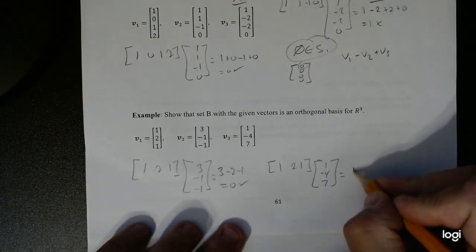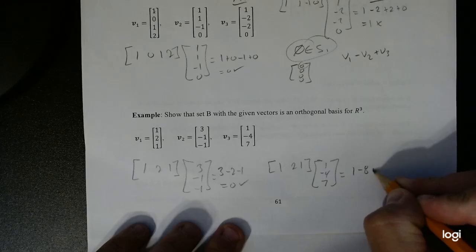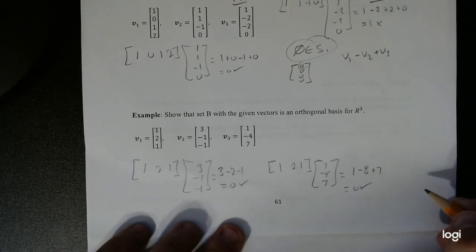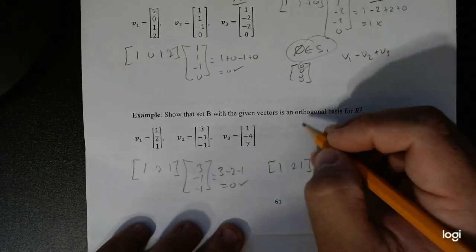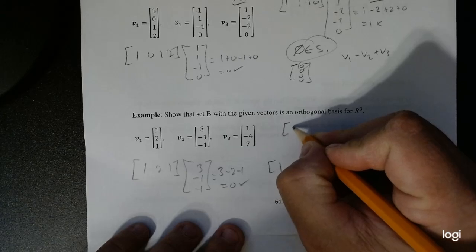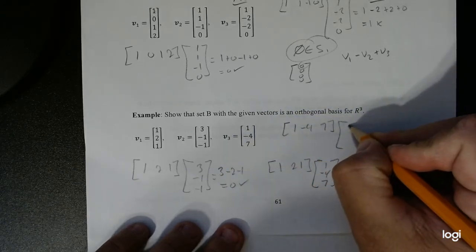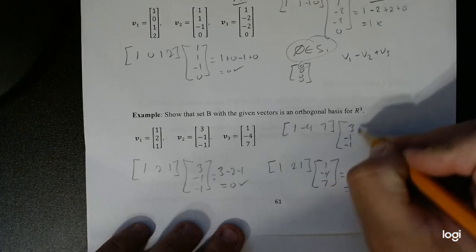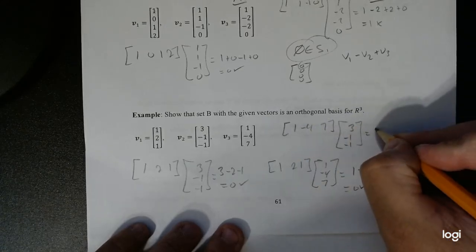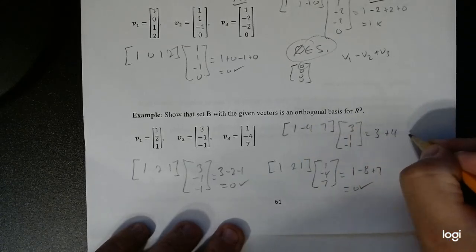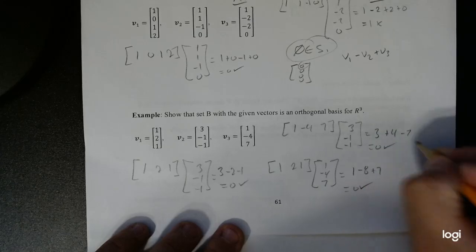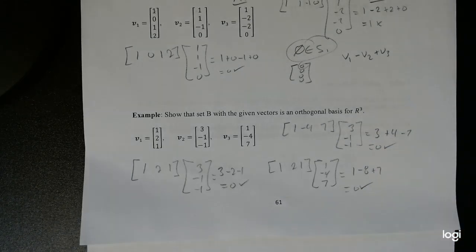It gives me 1, negative 8, 7, which is 0. And the last combination, just that one, gives me 3, positive 4, and negative 7. Check. So this is an orthogonal basis in R3.